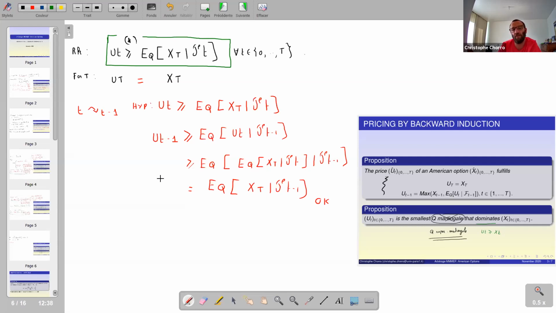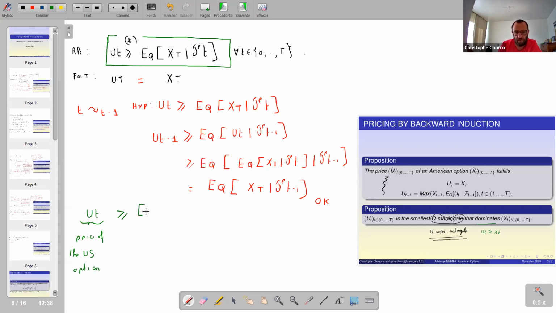But what is the meaning of this here? The price of the American option. What is this?